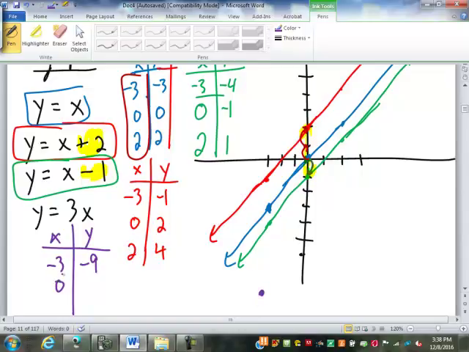If x is 0, what's y going to be? 0. 3 times 0 is still 0. So 0, 0 is going to be right in there. If x is 2, what's y going to be? That's 3 times 2. 6. So 2, 6 is way up there. So this line goes back to going through the center. It's just steeper.